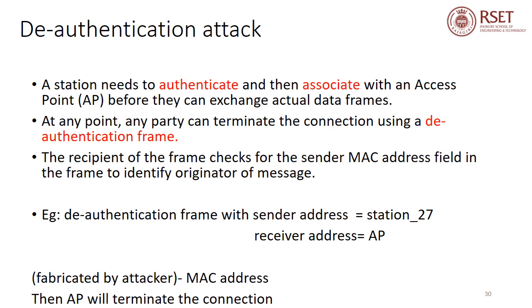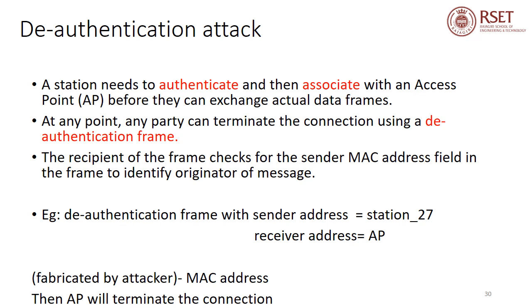For example, suppose an attacker is generating a de-authentication frame with a sender address equal to station_27, which is actually the MAC address of some genuine wireless station. This particular address has been spoofed by the attacker, and the receiver address will be set as the address of the access point.